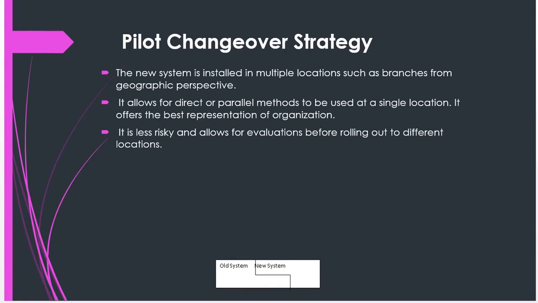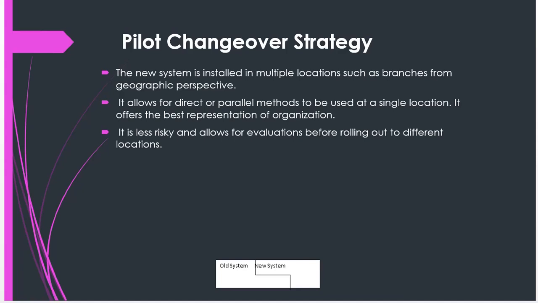Then you have the pilot changeover strategy. This is where your system is deployed in multiple locations, but not in all the locations of the business. If you have 10 branches, a pilot changeover strategy would have you deploy in probably 3 of those branches and then see how the system performs there.